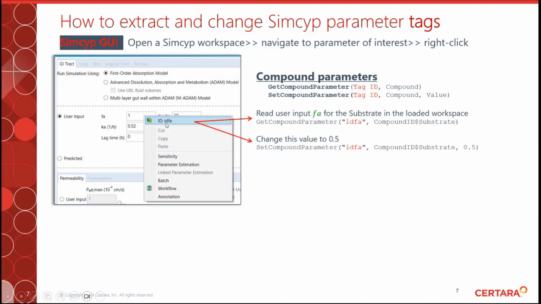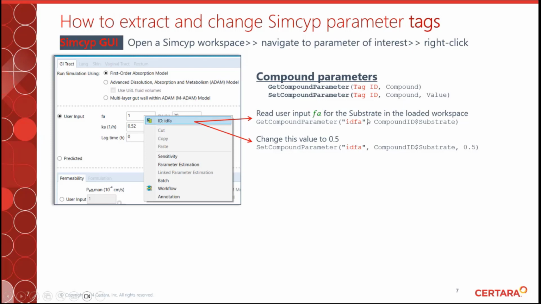As you can see in this example, a right-click on the FA input box shows you this pop-up window. At the top of this pop-up window is the tag ID for this particular parameter. Clicking on this tag ID will copy the text to your clipboard, and then you can come back into R and paste this within the function.